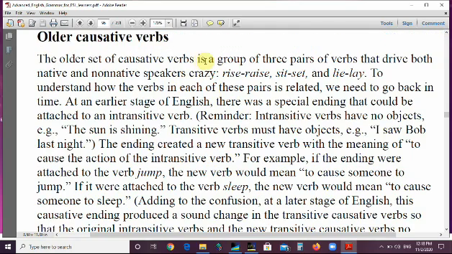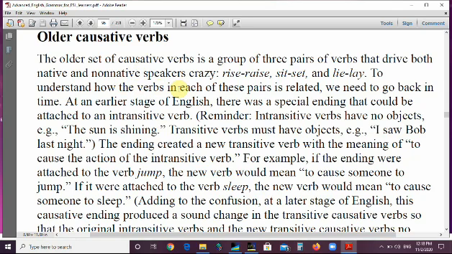The older set of causative verbs is a group of three pairs of verbs that drive both native and non-native speakers crazy. So the focus here is on these three pairs of verbs: rise, raise, sit, set, lie, and lay.